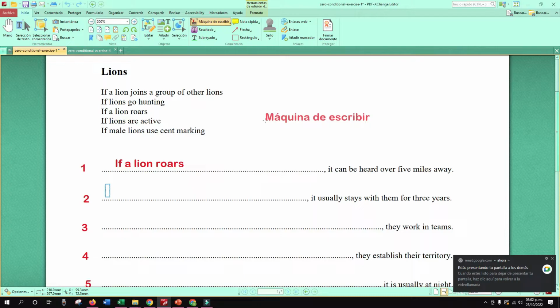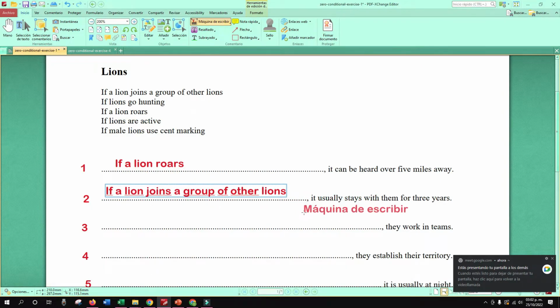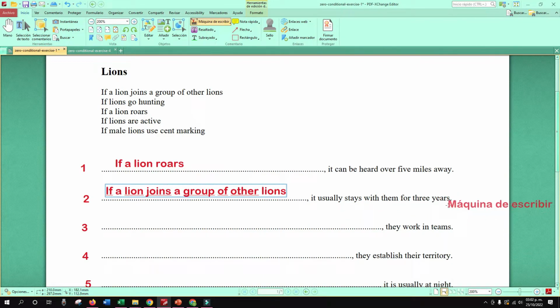If a lion joins a group of other lions, it usually stays with them for 3 years. Very good. So we have here the if conditional, right? Then the result.